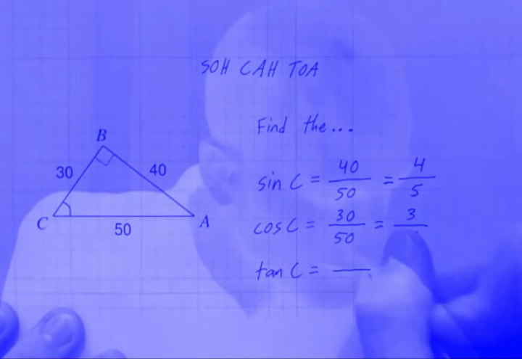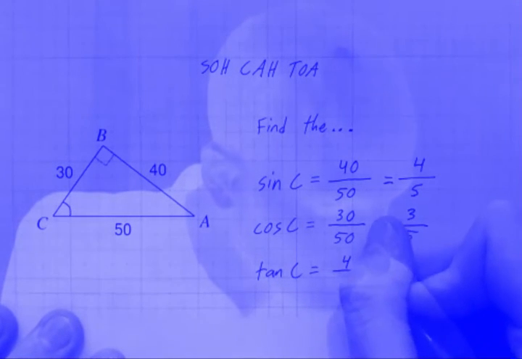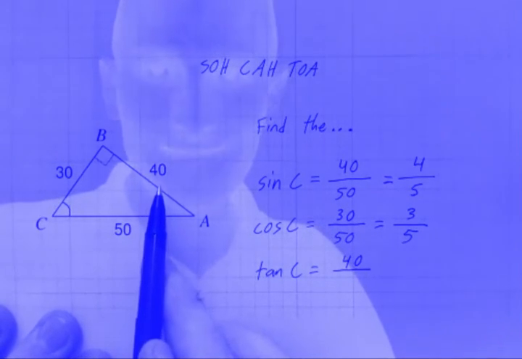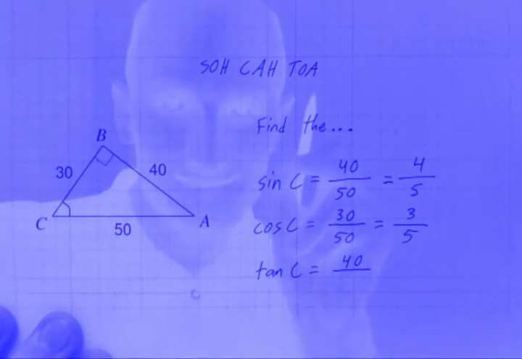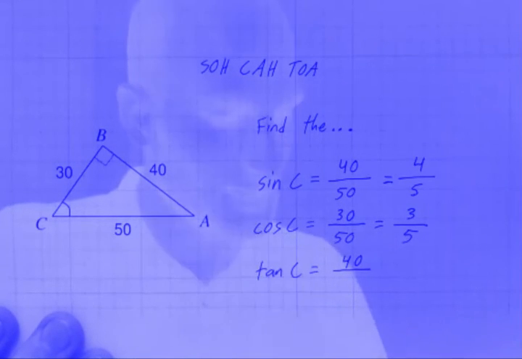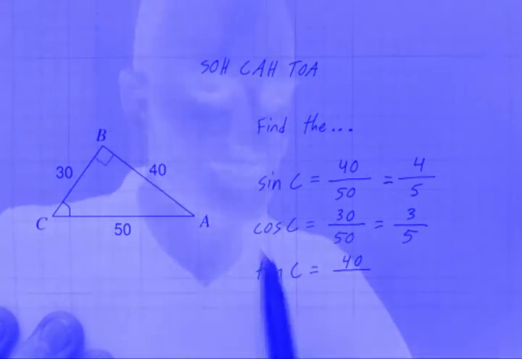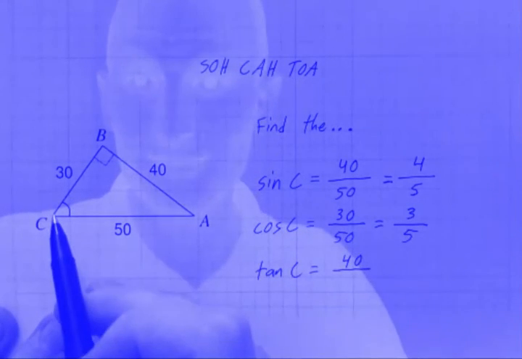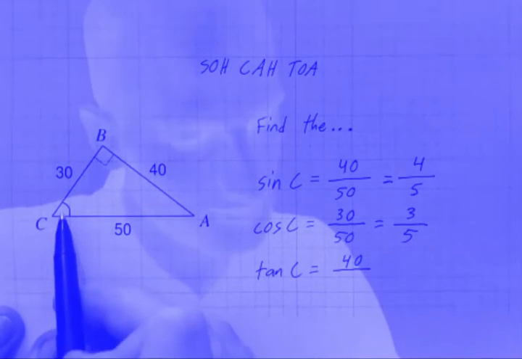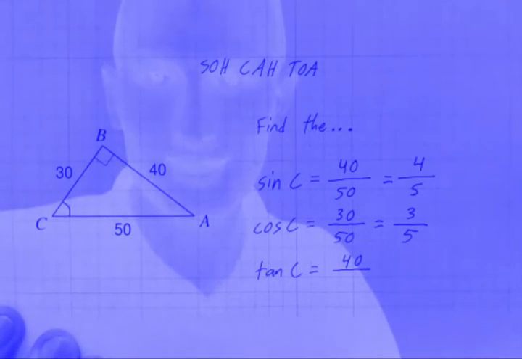So tangent is opposite, so 40. Boom. And then divided by adjacent, which we already talked about right here. We found the adjacent with cosine, right? There's an A. So the side that is adjacent to angle C is this side, 30.